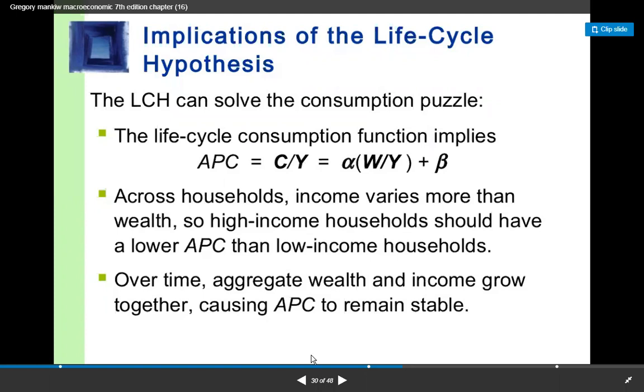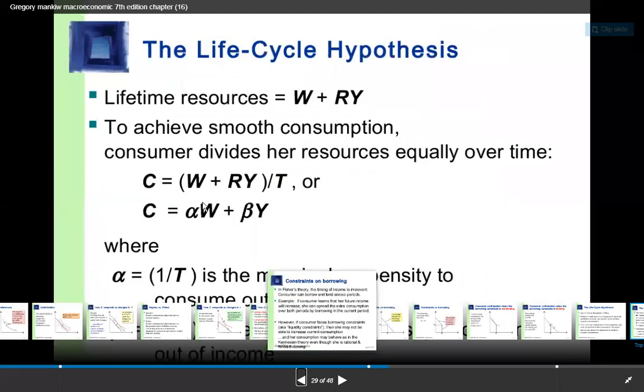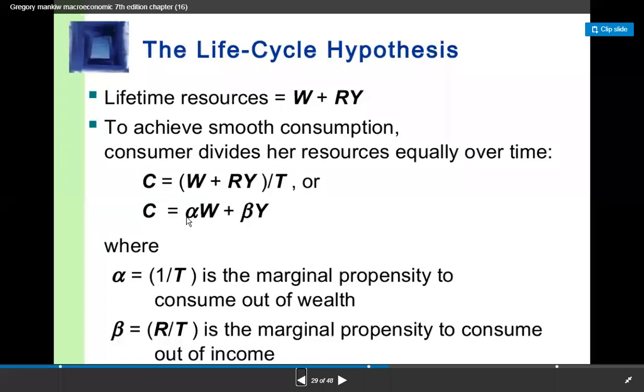I can go back. Divide by Y, APC equals C over Y. Alpha W over Y, beta Y over Y, C over Y. C over Y is APC.